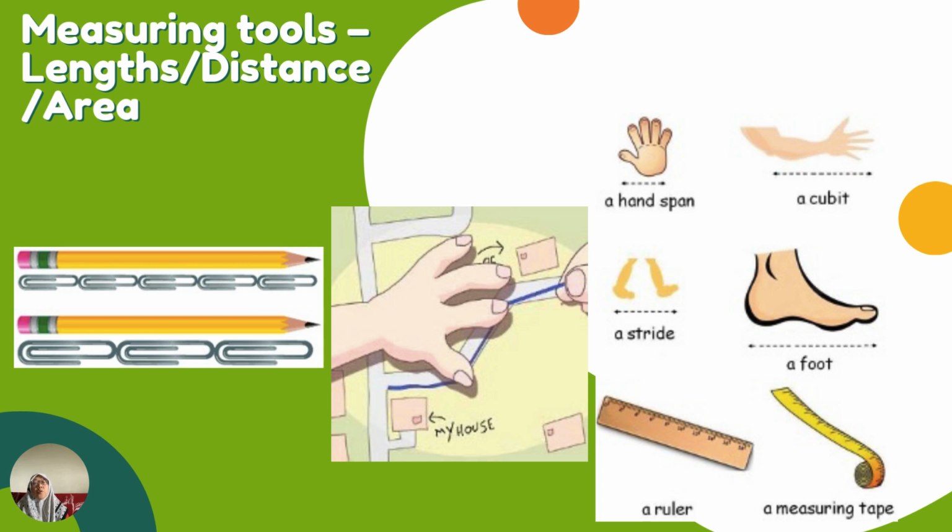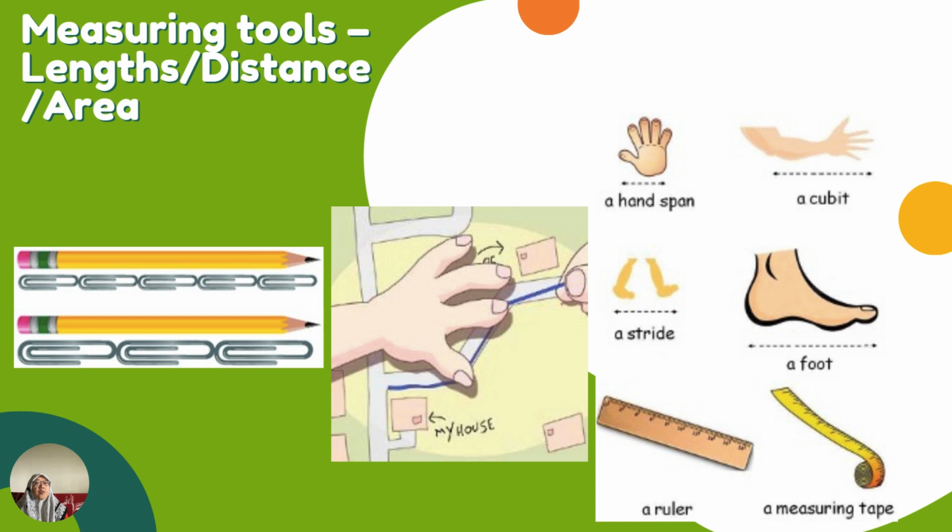Some of them just don't know what a centimeter is, what a millimeter is, or what a yard or feet is, and so on. So we will start with non-standardized tools. For example, paper clips. These two pencils are of the same size, but if you use different paper clips, you will get different lengths.